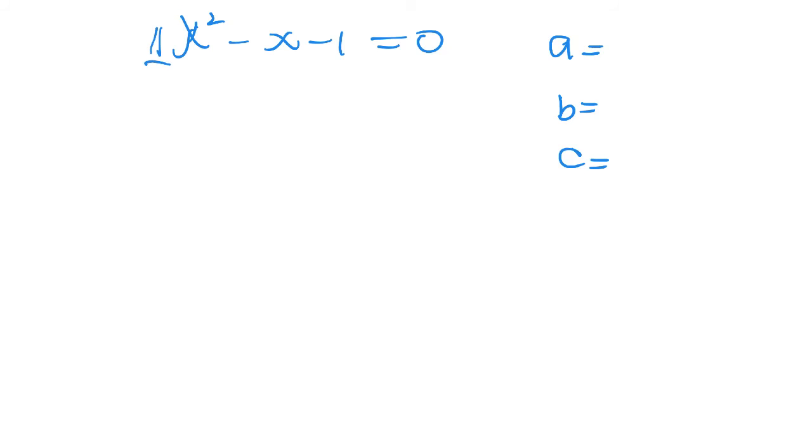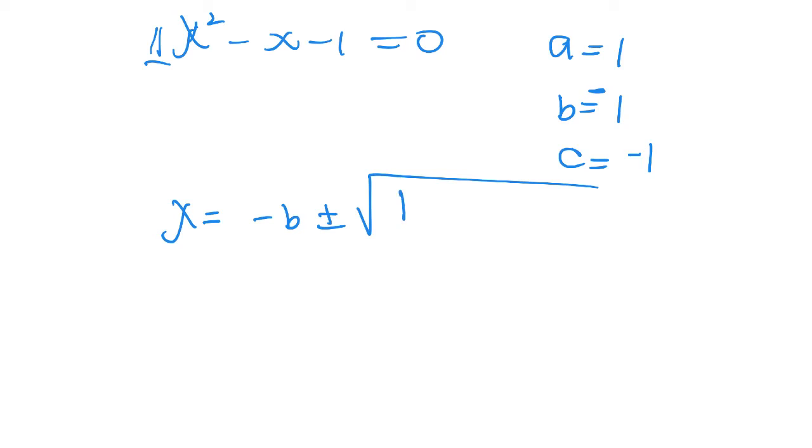So that's going to give us a 1. B is going to be negative 1. And c is also negative 1. And our quadratic formula is equal to the opposite of b plus or minus the square root of b squared minus 4ac. So now we're going to substitute in those values for a, b, and c.